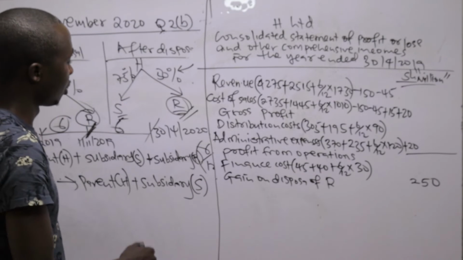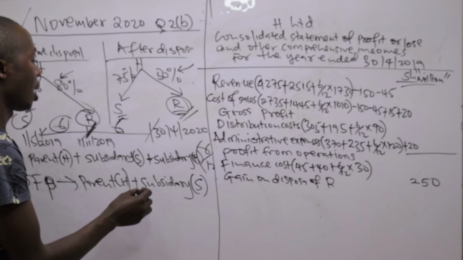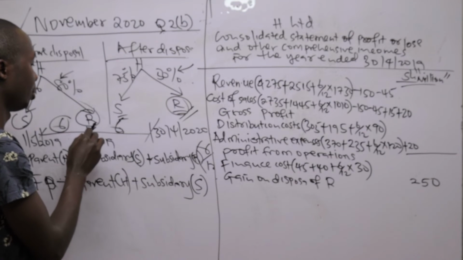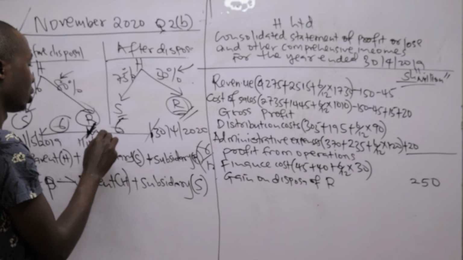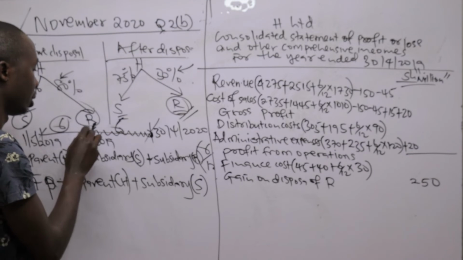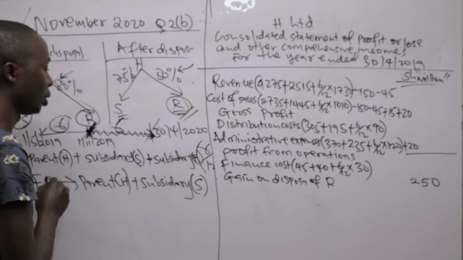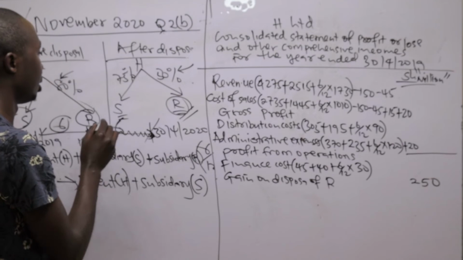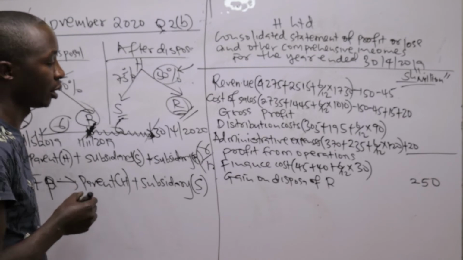Remember that there was a period R was a joint venture, from 1st November to the end of the year. In this period, the profit R made, the parent is supposed to get a share of 50%. So that is an income to the parent.